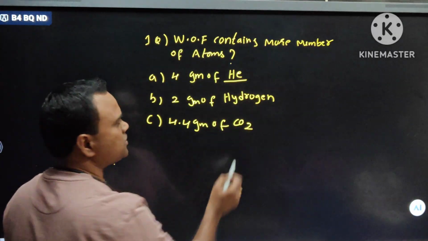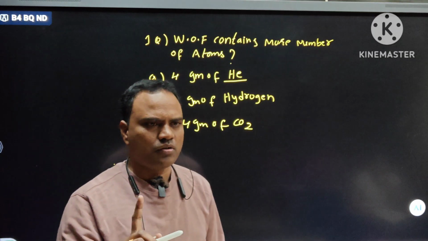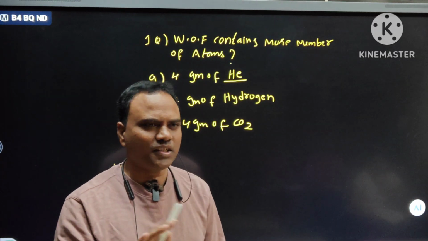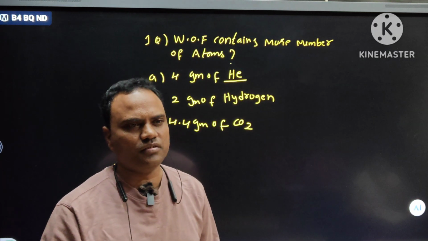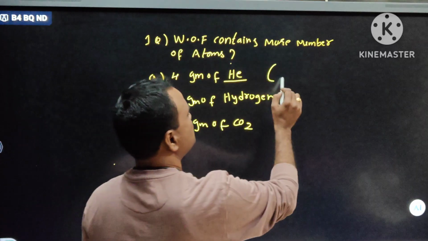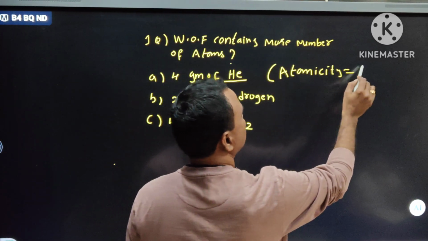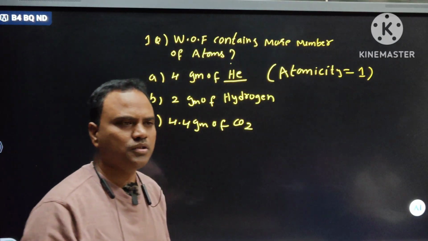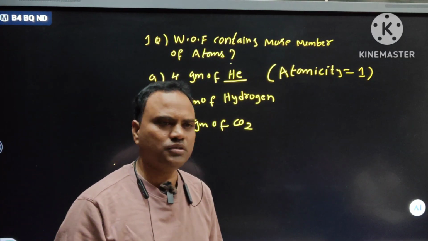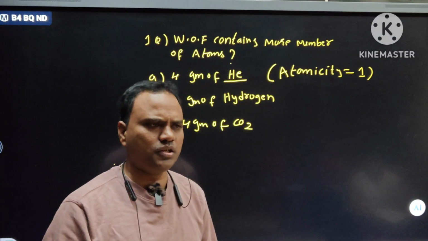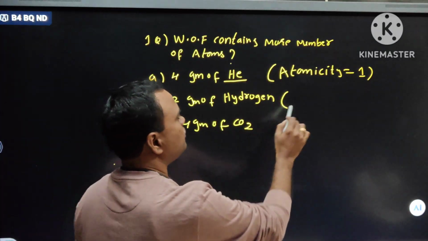See, helium is an inert gas, right? It does not combine with any other atom. So atomicity is 1. Atomicity of helium gas is equal to 1. During numericals, remember, helium does not combine with any other helium atom. And what about hydrogen?